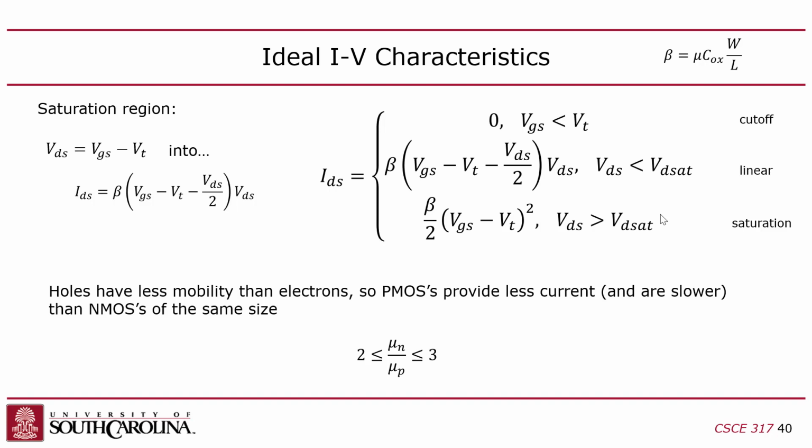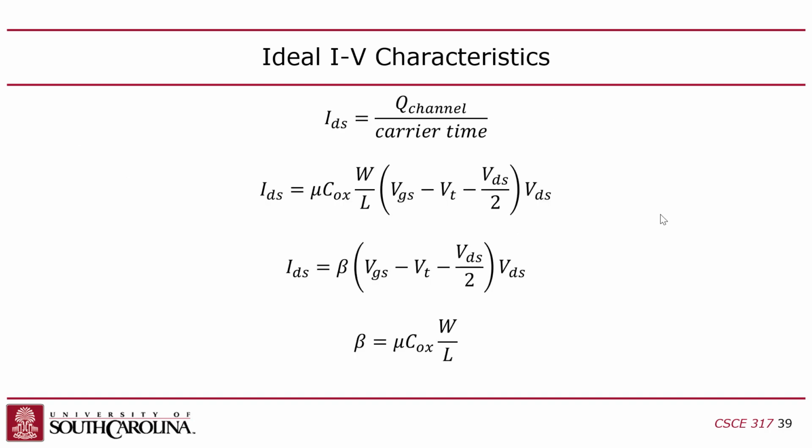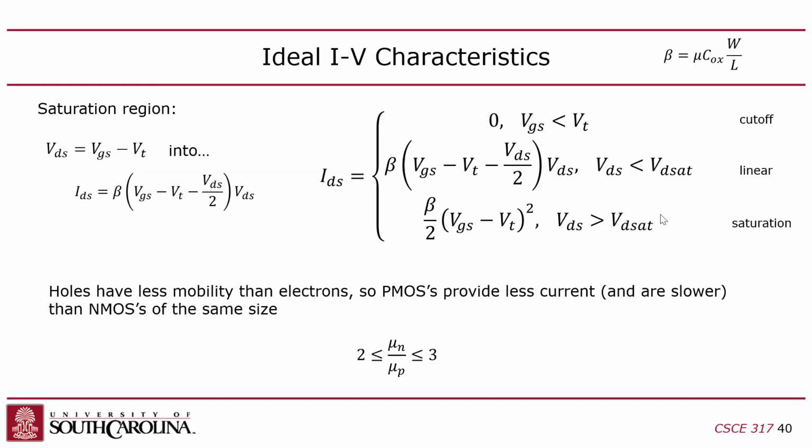Notice that the difference here is that VDS is not part of this, because once you saturate, the current is no longer a function of VDS. And also the mobility, the one term in here that differs between the PFET and NFET, is that mu term.